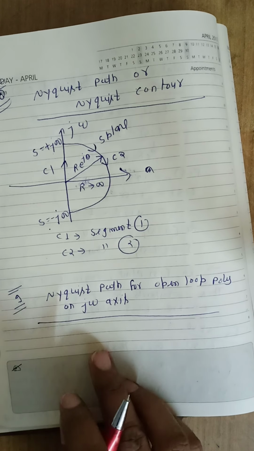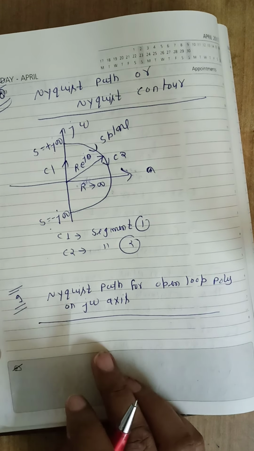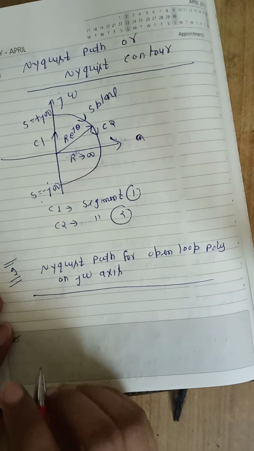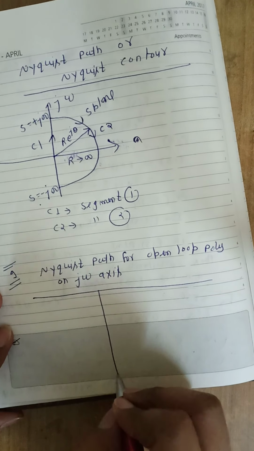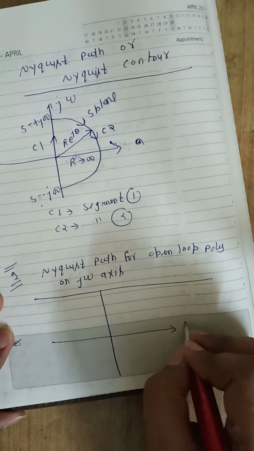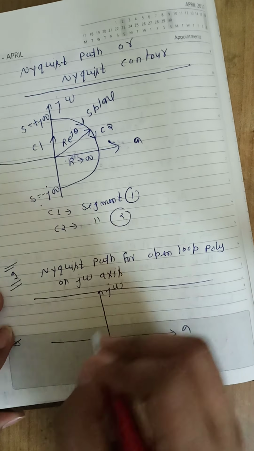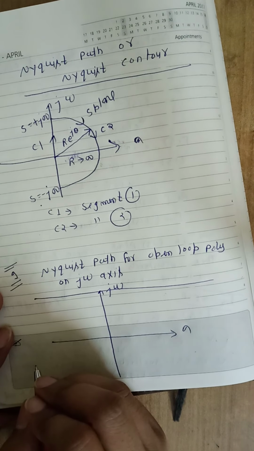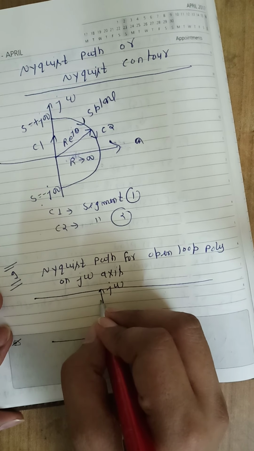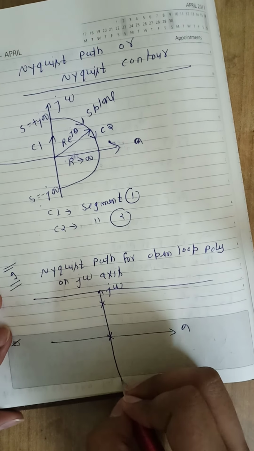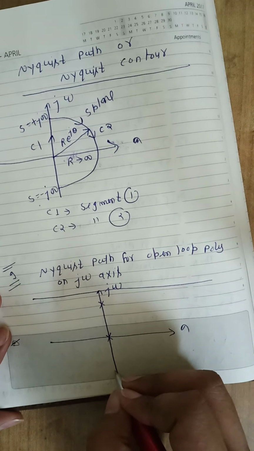Now let us see how we can draw the Nyquist path for open loop poles on j omega axis. Horizontal will define sigma, vertical will define j omega. Suppose we have a pole at the origin. Suppose we have a pole at s equal to j omega. We have a pole at s equal to minus j omega.